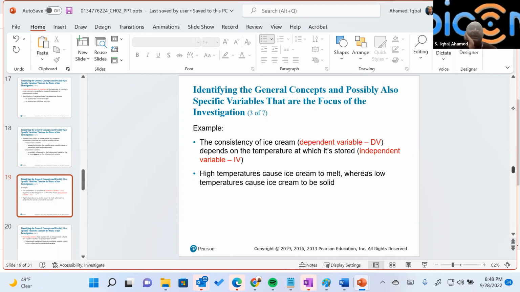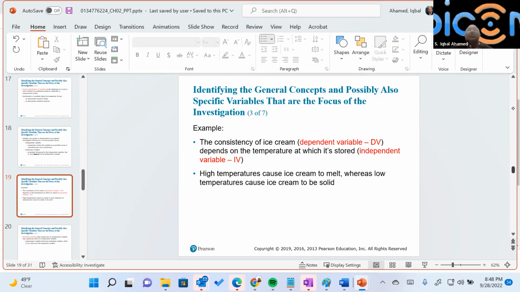Take the example of the consistency of ice cream depending on the temperature at which it is stored. So the consistency of ice cream is the dependent variable.